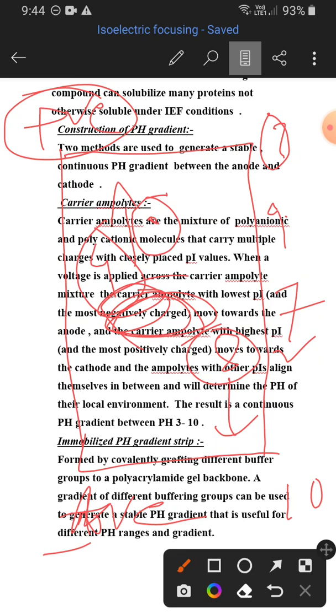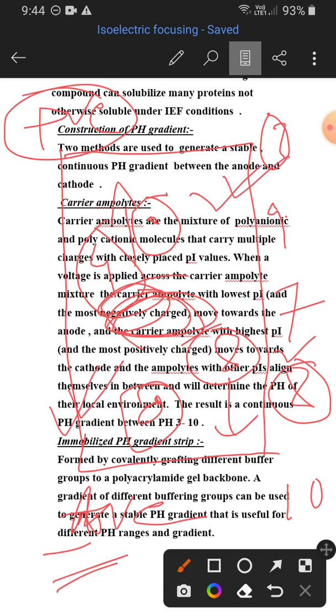So the positively charged protein will migrate towards the negatively charged electrode, and during this migration it will find the pH value 8, and as it is the pI value for that protein, it will stop here. So we can simply separate two proteins of the same molecular weight with the help of isoelectric focusing. That is the basic idea about isoelectric focusing.